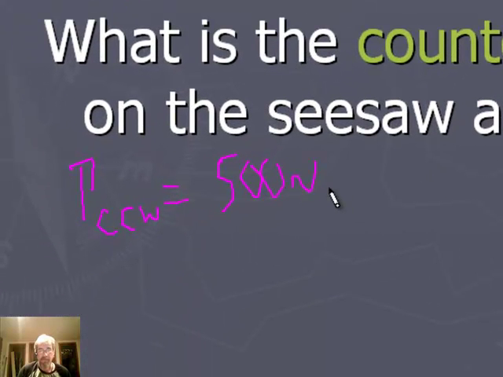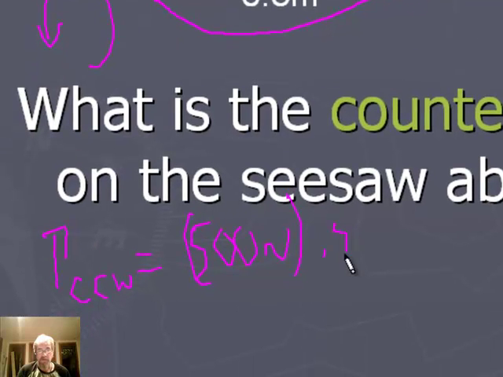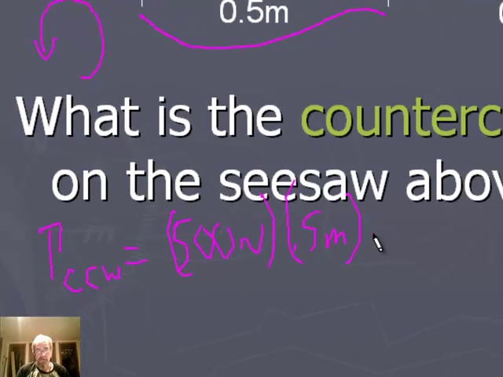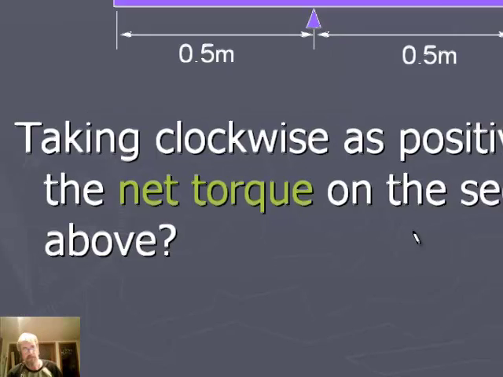So that's F in my equation, and I have to multiply that by the lever arm. Well, the lever arm is, once again, like in the last problem, 0.5 meters, because that's the distance between where the force is applied and where the pivot has to be. So 500 times 0.5 is 250, so that means that we have a 250 Newton meter torque in the counterclockwise direction.